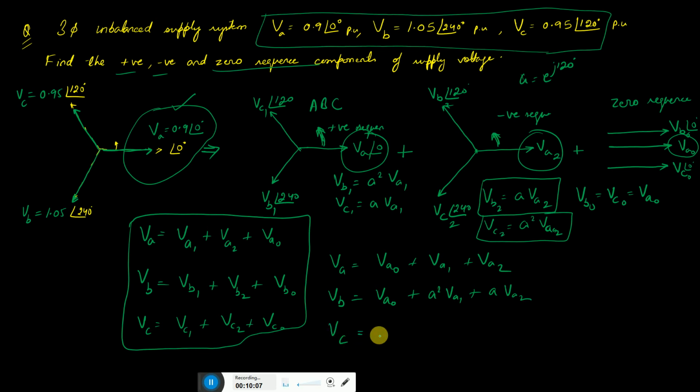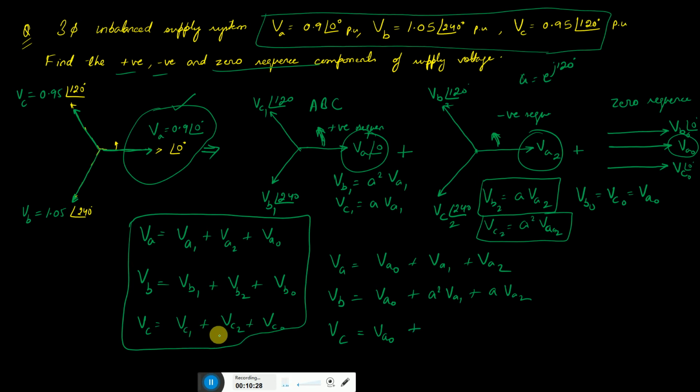Similarly, we can write VC is equal to, first VC0. VC0 is same as VA0. Then VC1.